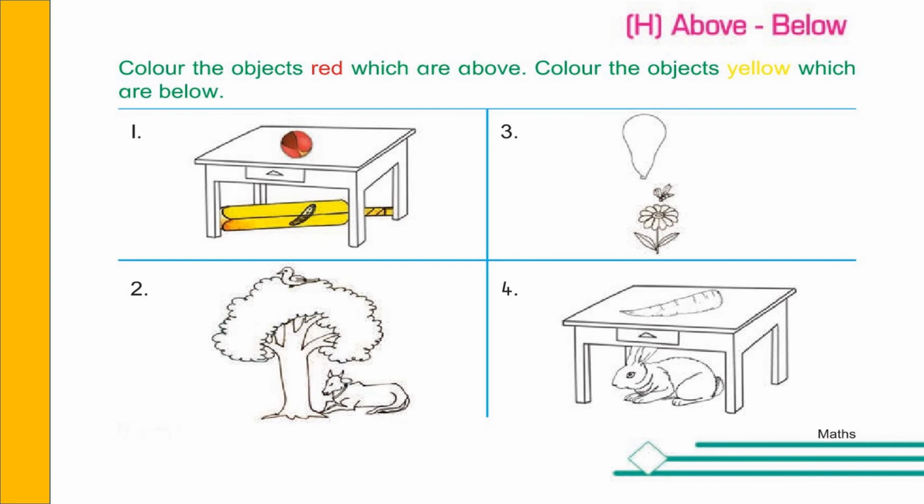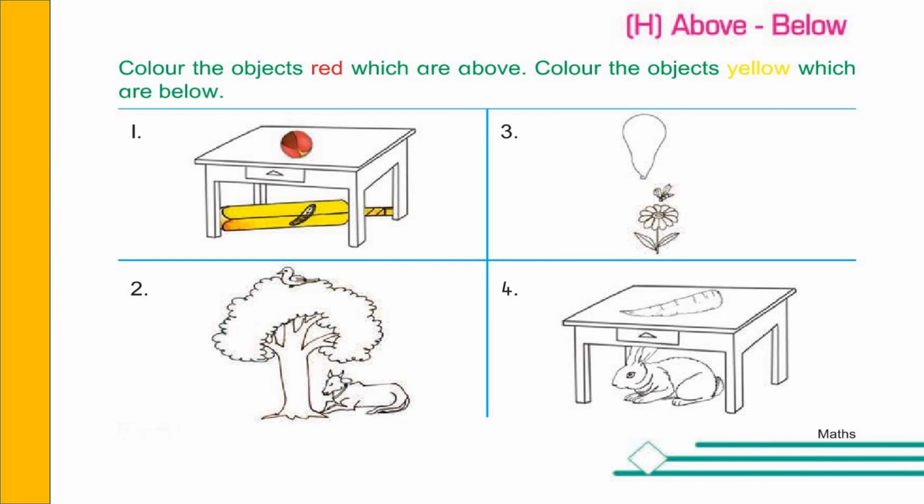So here in the second question, I see a bird on the tree. So above the tree, it's a bird. The bird is going to be red in color, and there is a cow under the tree or below the tree. So the cow should be colored in yellow. Similarly, third question, balloon is above, so it will be red, and the flower is below the bee, so it should be colored in yellow.